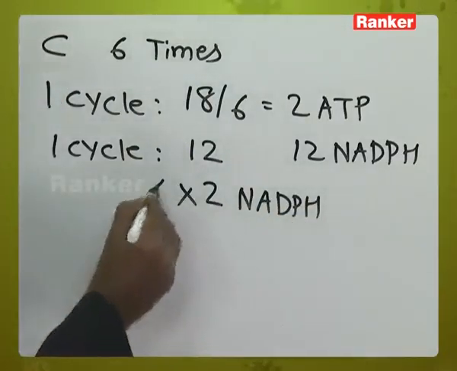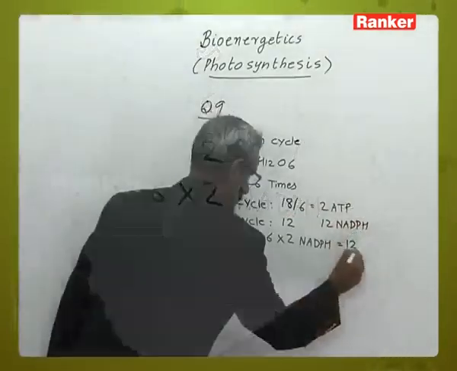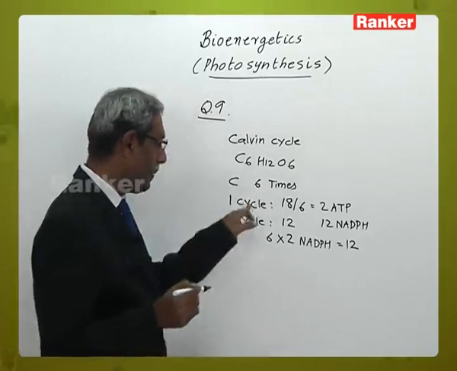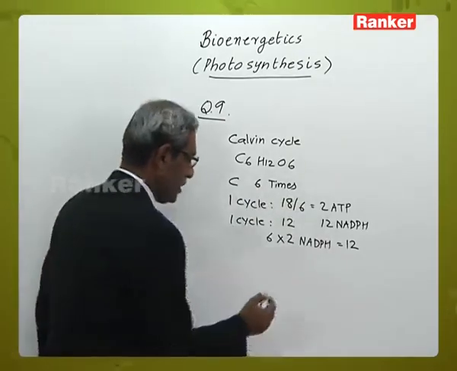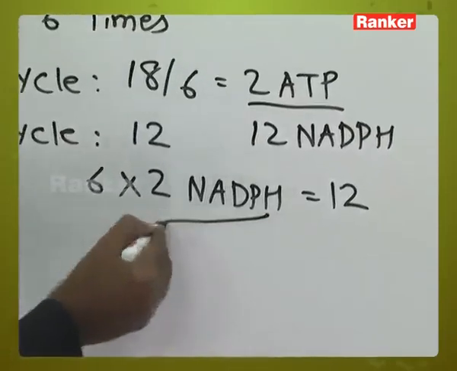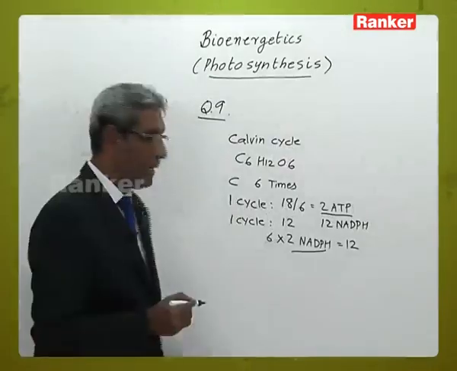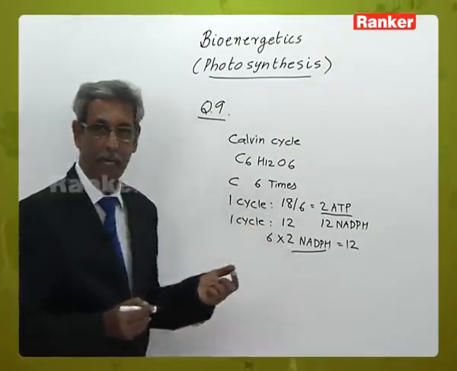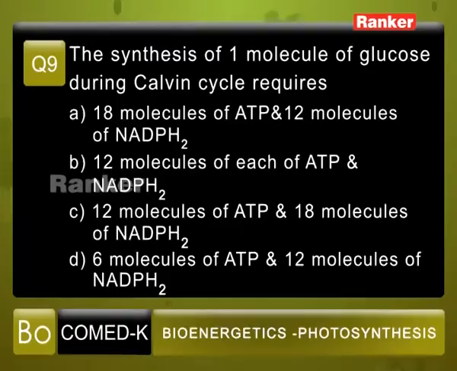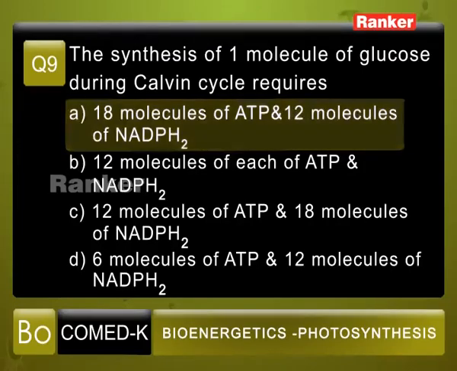So 2 into 6 is equal to 12. Thereby they can ask you what is the requirement per carbon. Hence for 6 cycles we have 18 molecules of ATP as well as 12 molecules of NADPH2. Hence the answer is A.